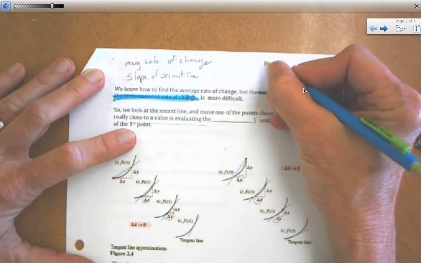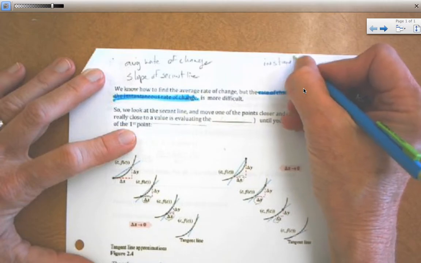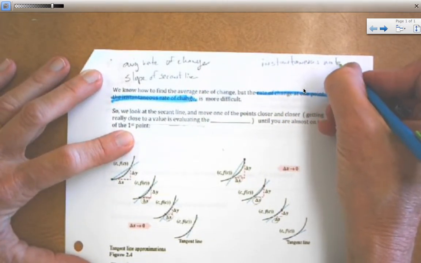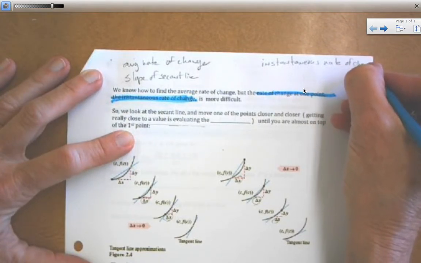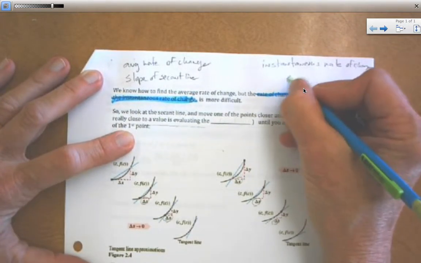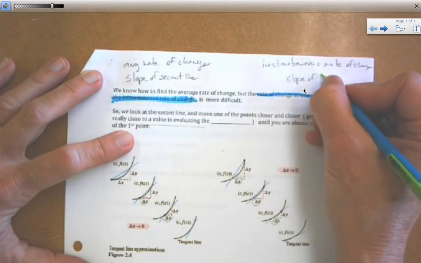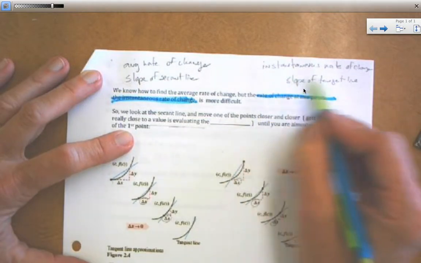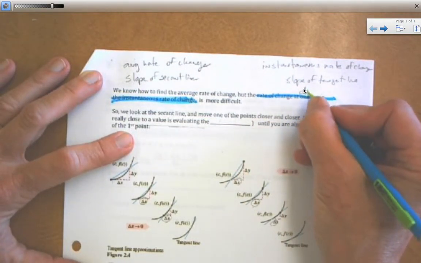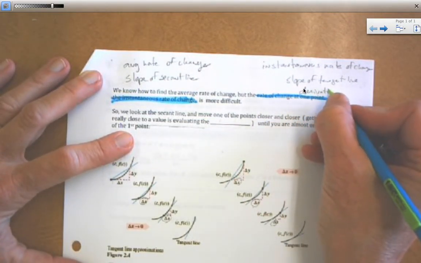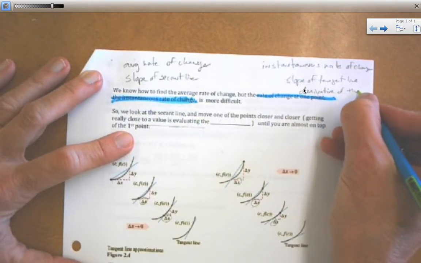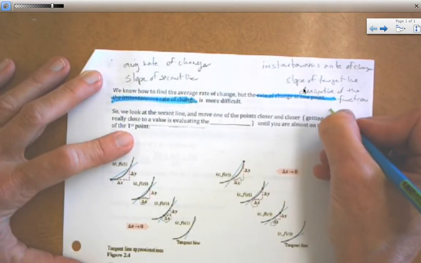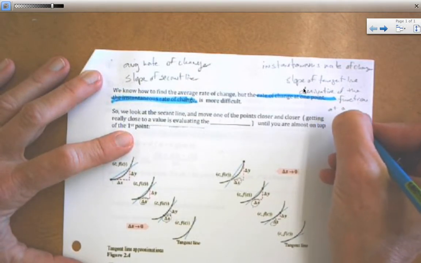If we want to talk about instantaneous rate of change, then that is slope of the tangent line. Instead of writing all these words, we refer to that as the derivative of the function at a point.